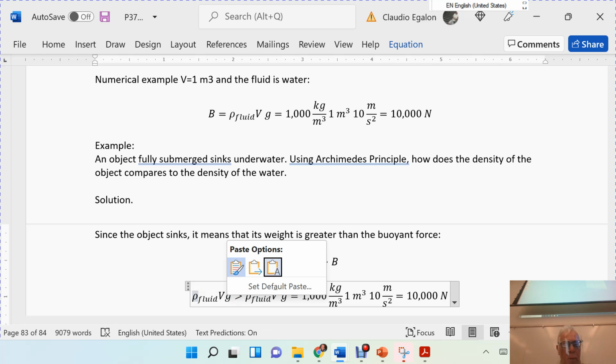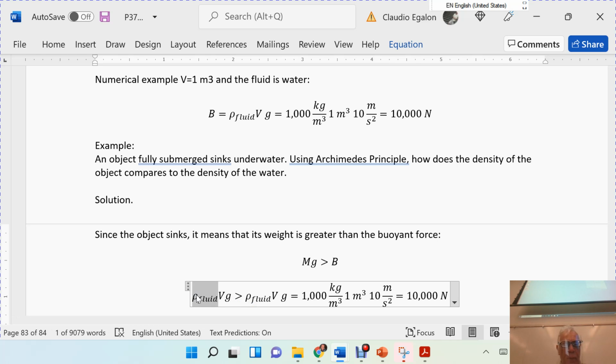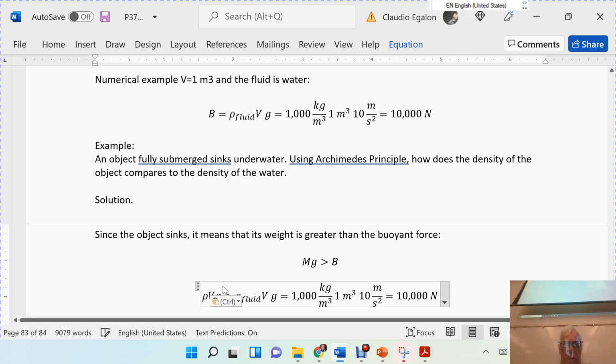How does the volume of the object compare to the volume of the displaced fluid? If the object is fully submerged, the volume of the object is going to be the same as the volume of the displaced fluid, right? So what's the next step?